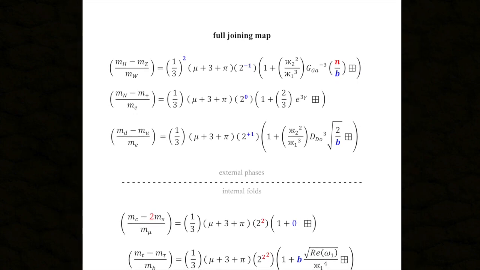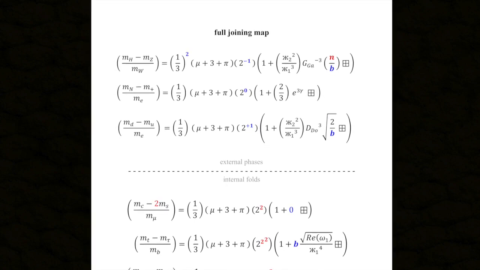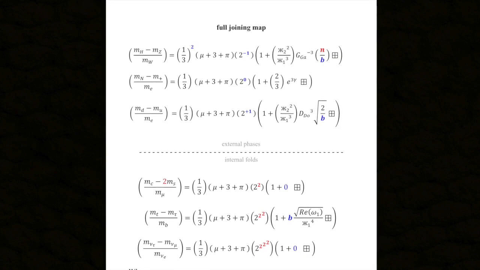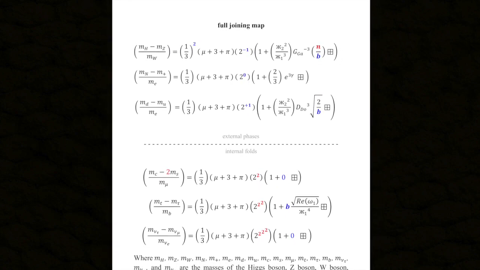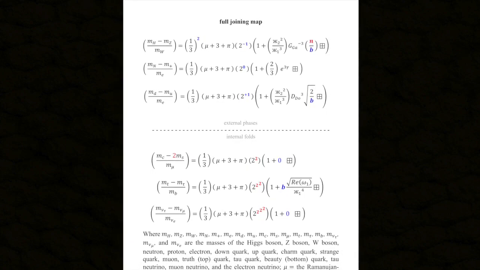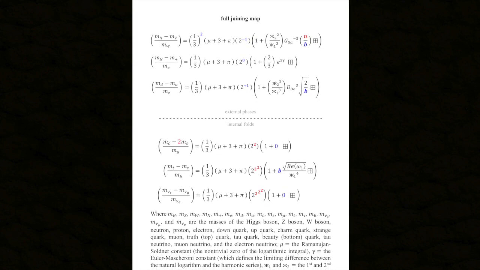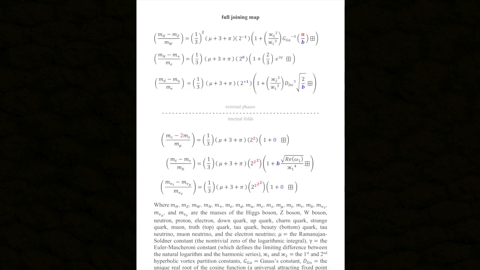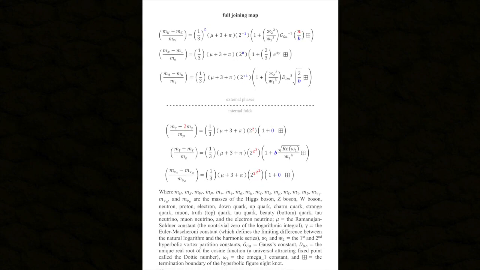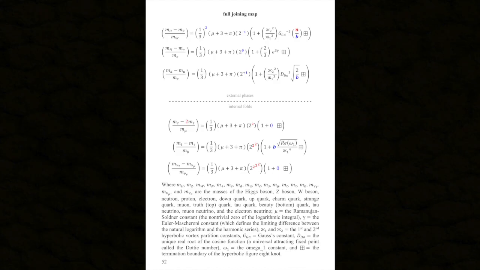Okay, internally, instead of arranging under these 3 different phase expressions, it's arranging the same balance under the internal fold expression. Remember, it's squared, squared, squared, and squared, squared. So that internal constructive arrangement is showing up here. This construction selects the values of the charm mass, the strange mass, the muon mass, the tau mass, and our truth quark mass, and the beauty quark mass, and so on.